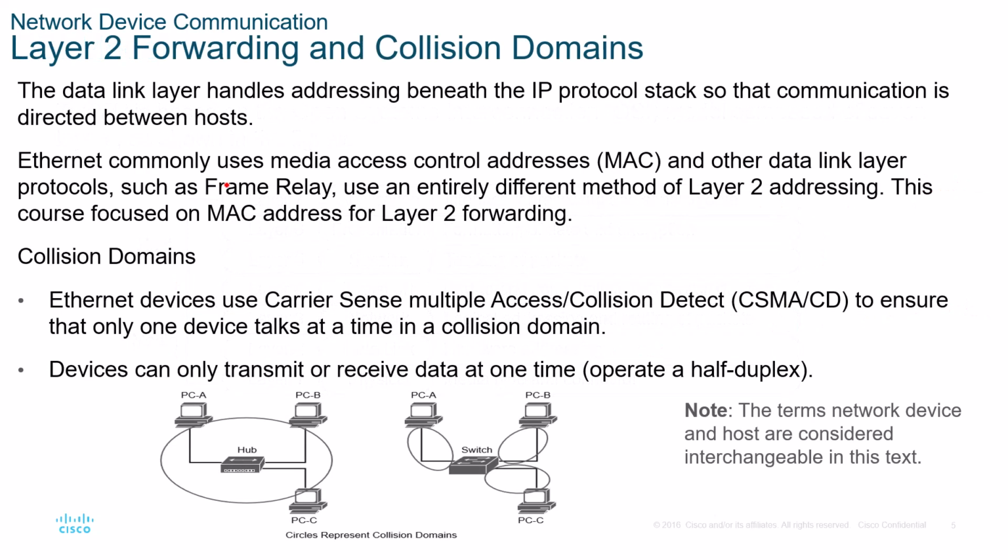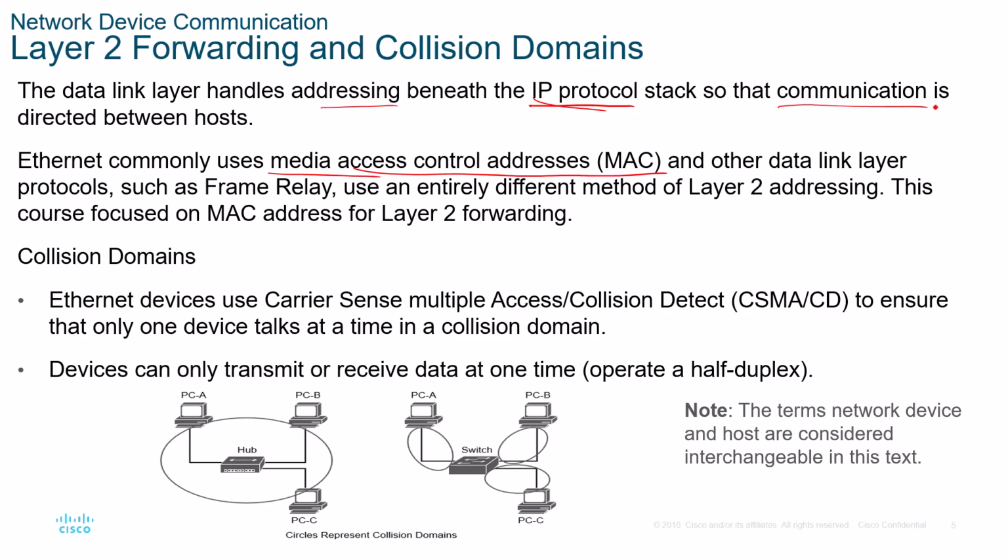So we should be familiar with the collision domain and basic forwarding, but we're going to go through it just in case. The data link layer is looking at the addressing beneath the IP, again focusing on the media access control, or the MAC address. This is what is used for local communication. The IP protocol is for the communication between hosts outside of a network.